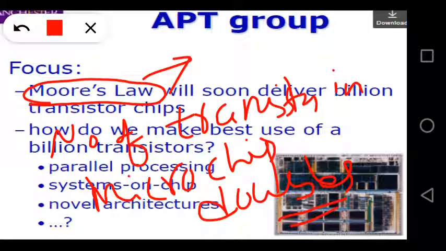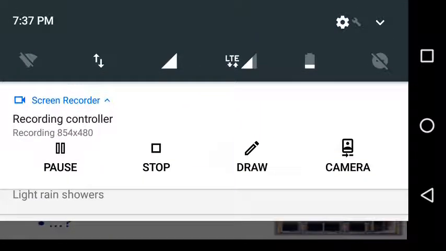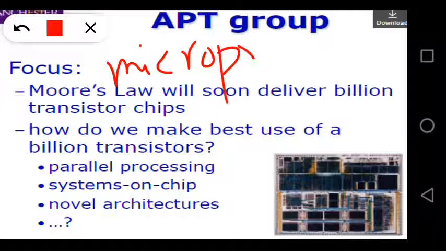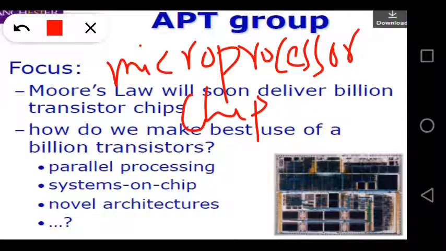Another tenet of Moore's law says that the growth of the microprocessor is exponential. What is meant by growth of the microprocessor? The number of transistors in a microprocessor chip increases exponentially. If this year it is 2 power 2, next year 2 power 3, 2 power 4, 2 power 5.